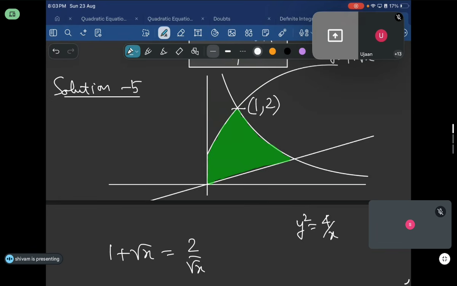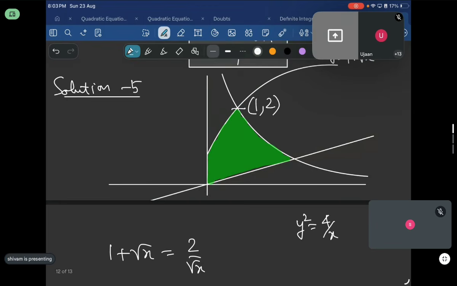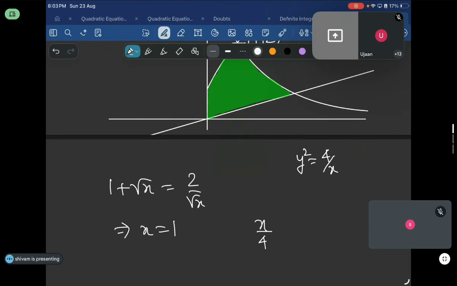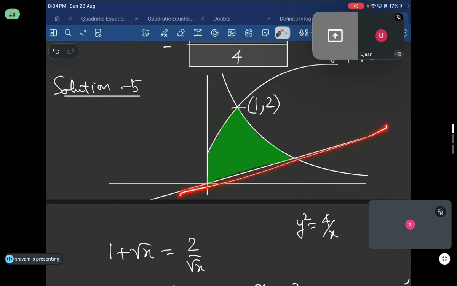Tell me. Next. This is the intersection between y equal to x by 4 and that hyperbolic graph. The hyperbolic curve is 2 by root over x only.